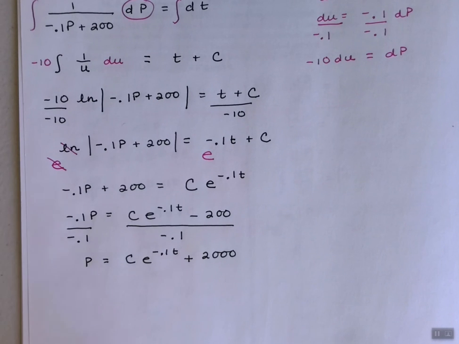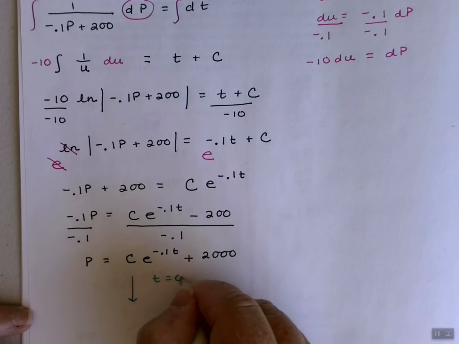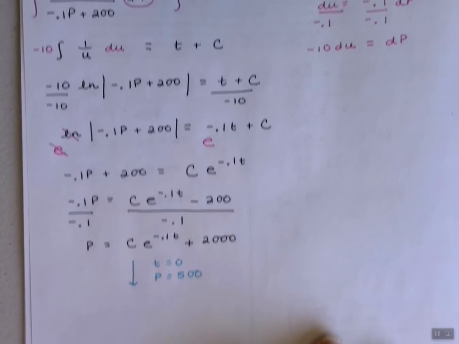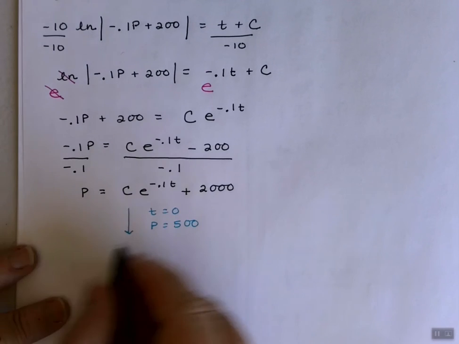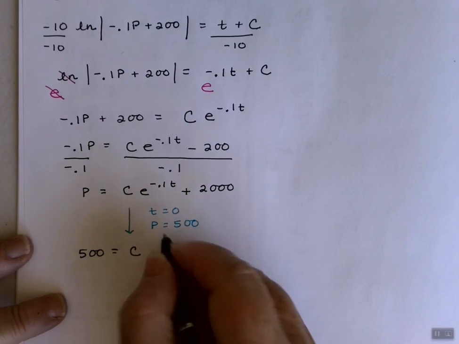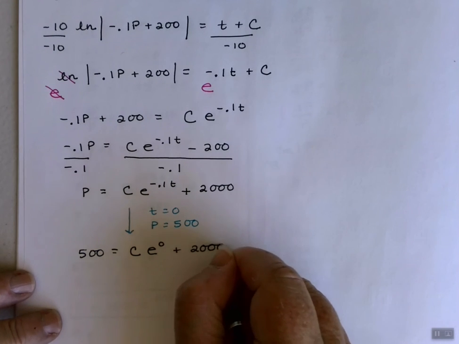All right, we're almost there. Put in our initial condition. Remember that at time 0 we had started out with that population of 500 trout. So plugging that in, p is 500. That would be c e to the 0 plus 2,000.